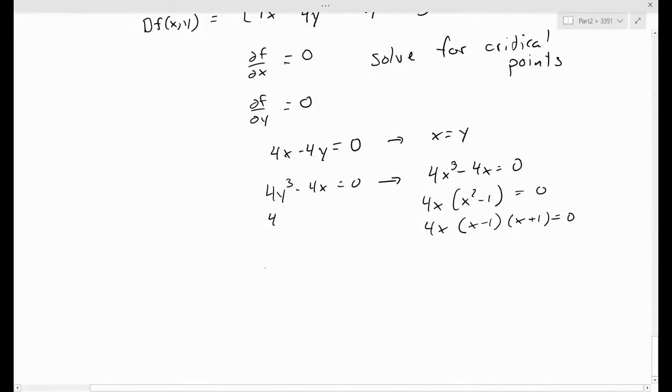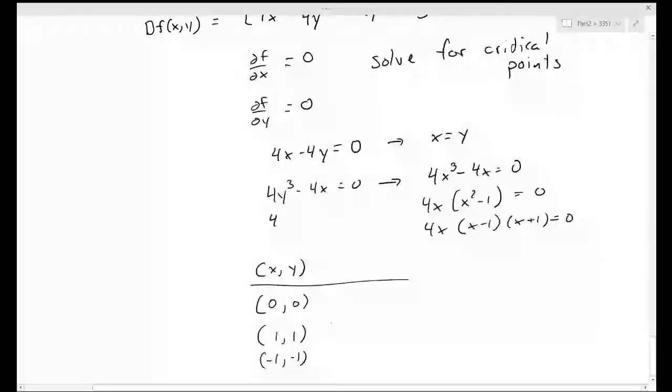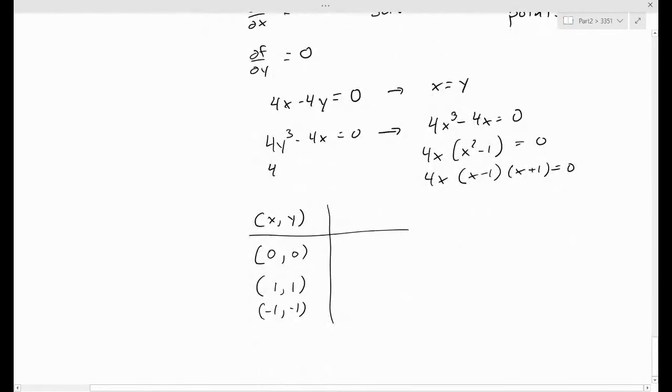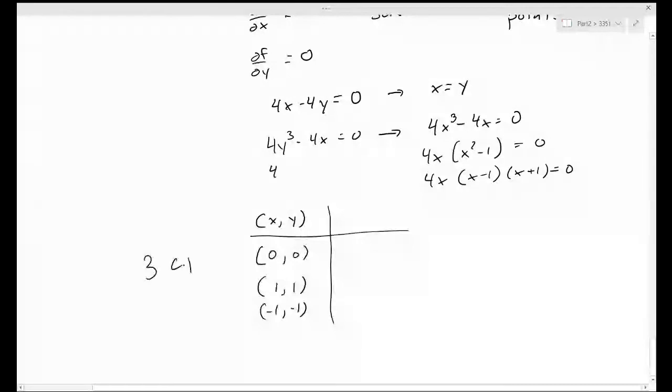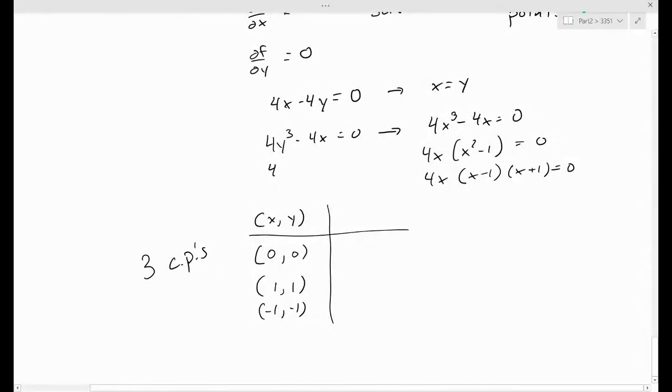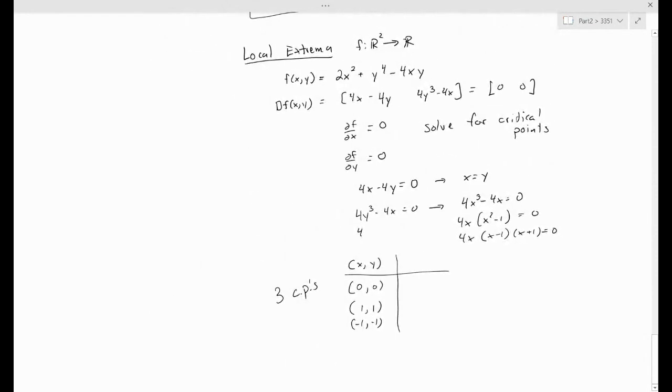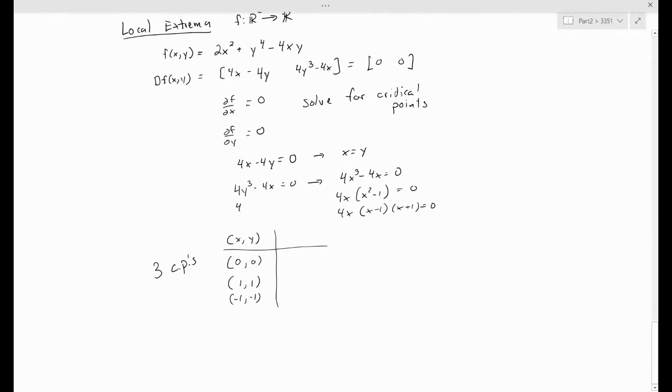So for the critical points, x could be 0, in which case y has to be 0. x could be 1, and x could be -1. I guess we'll come back to this little table. So we found three critical points. Now we're going to classify what happens at the critical points by using the second derivative. So we're going to create the Hessian matrix.